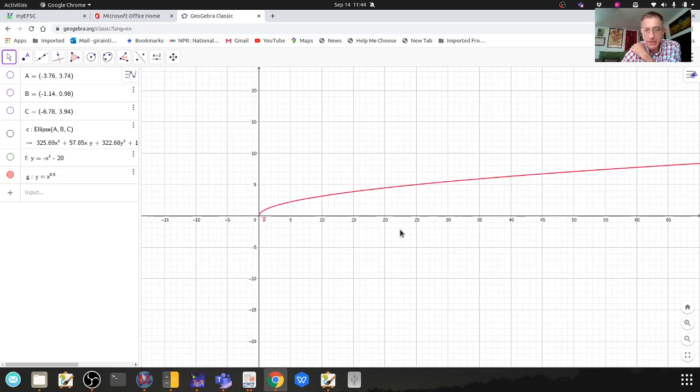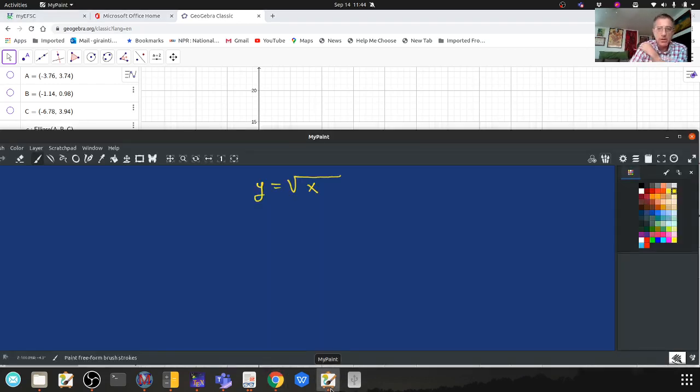The domain literally starts at 0. Why is that? Because we have to have real number inputs and outputs. So if values less than 0 are included, and I say y is equal to the square root of minus 5, well, you should know by now that's the same as the square root of 5i.